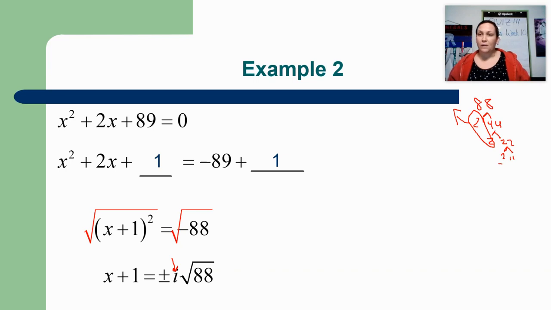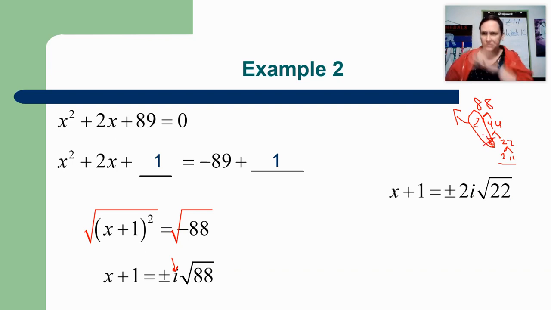And then I have an extra 2 and 11 that are not paired up. And so I'm going to multiply those back together and put a 22 on the inside. Okay, so here's my simplified radical. 2 and i are outside the radical, and then 22 is inside. Remember, the second 2 from the circling, the paired, is just gone.